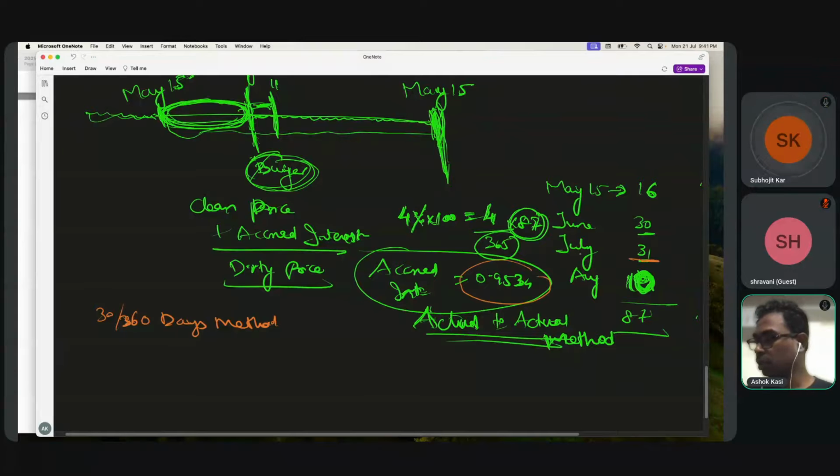Actually, 31 days are there in July, so we took 31. 30 days are there in June, so we took 30. 365 days are there in a year, so we took all actual. The next one is the 30 by 360 days method.